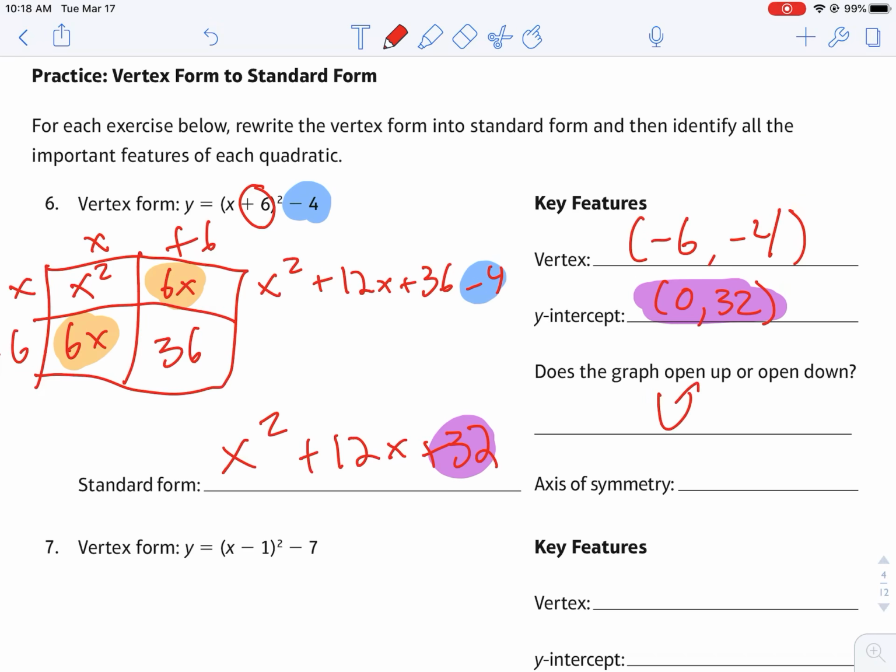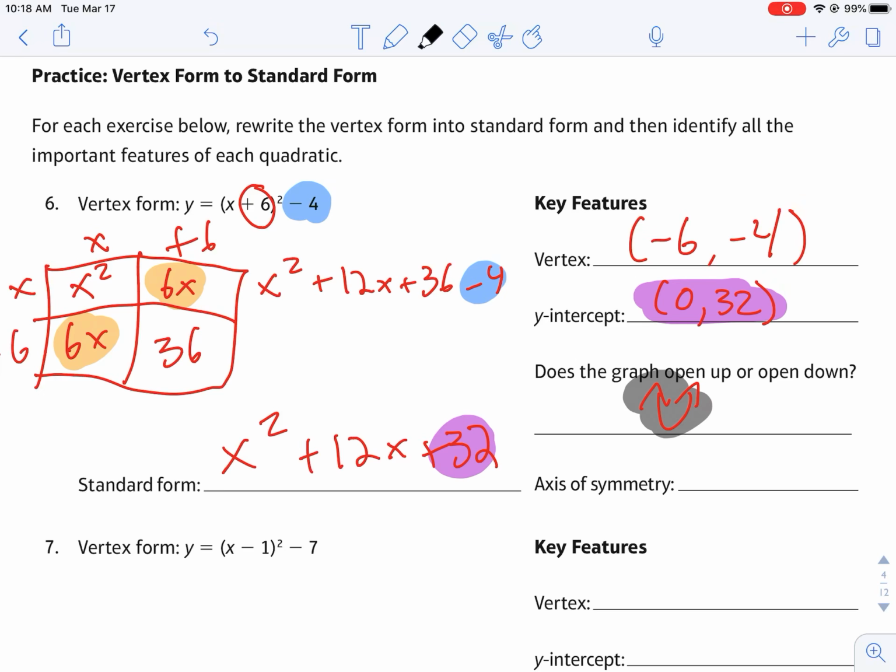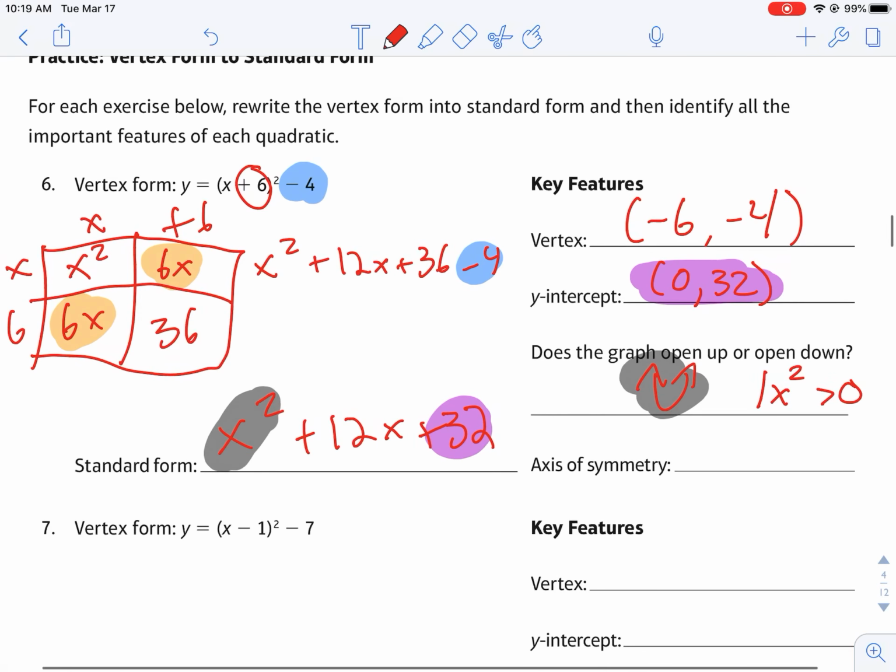It opens up because this term is positive, 1x squared, this is greater than 0. And the axis of symmetry is going to be x equals negative 6 because it goes through the vertex, and the x-coordinate of the vertex is there. I'll use a different color for that so it's not the same. There.